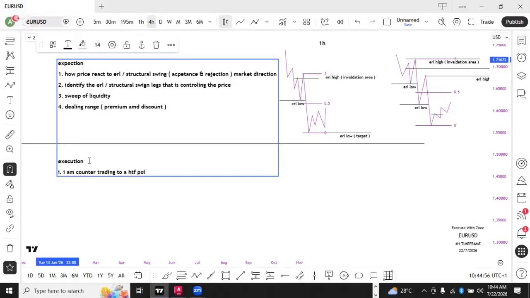That's the first thing you will ask yourself. Second, am I at the higher time frame POI, and am I following the trend? This is the second thing you are going to ask yourself.